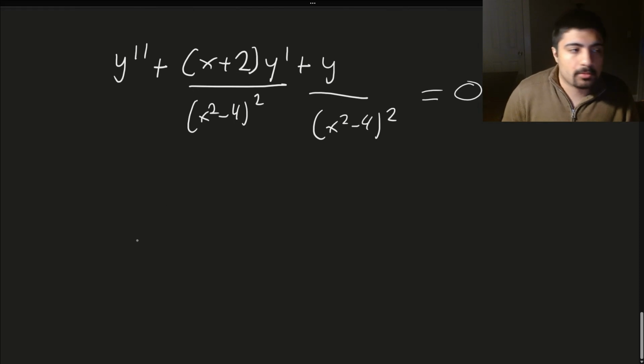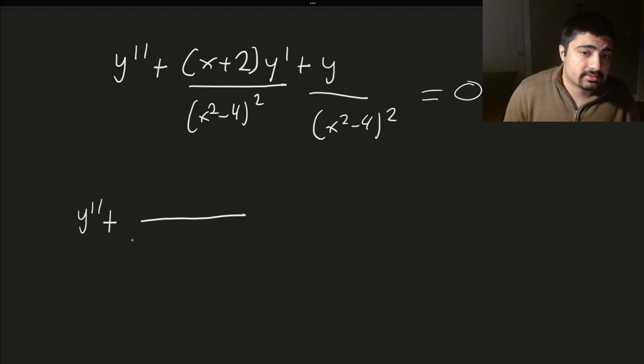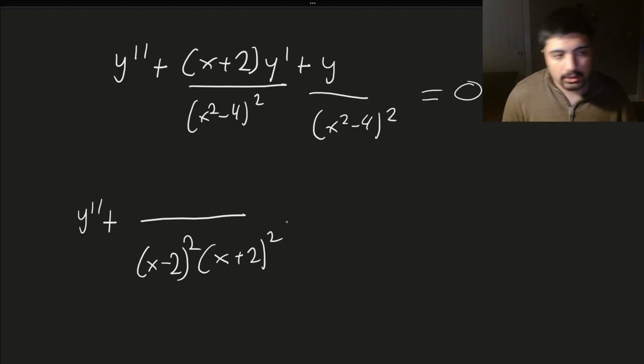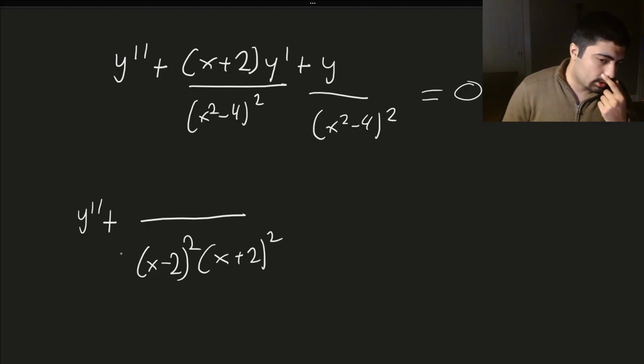Well, before we jump into the singular points, let's just make a little simplification with the p of x term, because there's nothing to simplify for q of x. So y double prime plus, for the denominator, I want to write this as a difference of two squares squared, so I'm just going to write (x minus 2) squared times (x plus 2) squared. Right? Can we do that? Yeah, sure, why not?